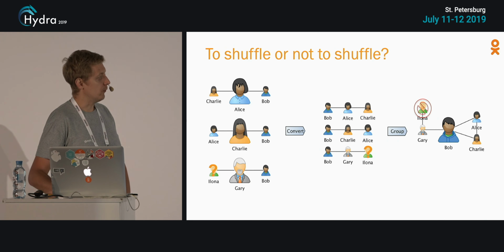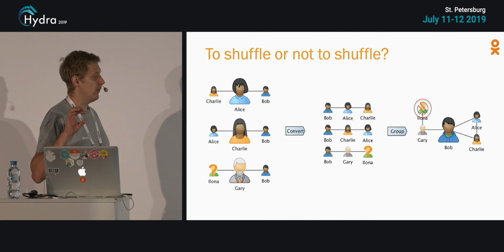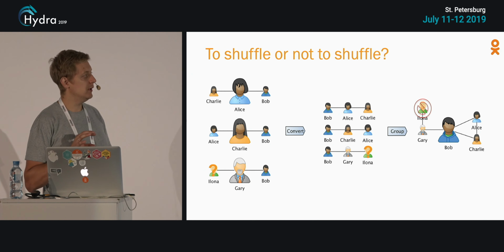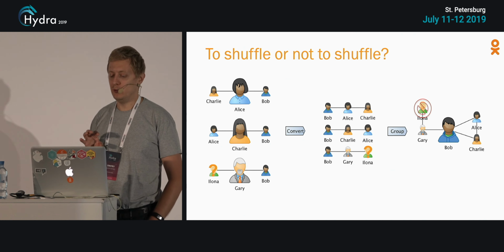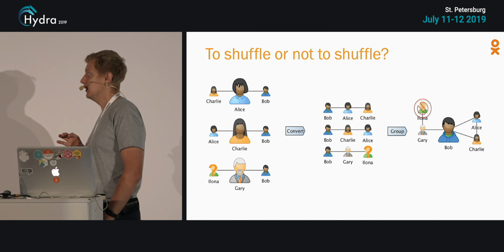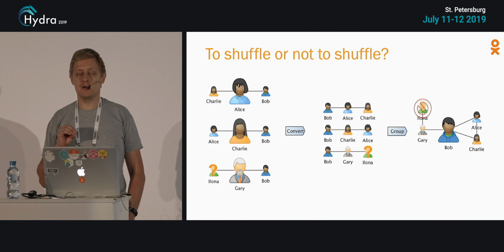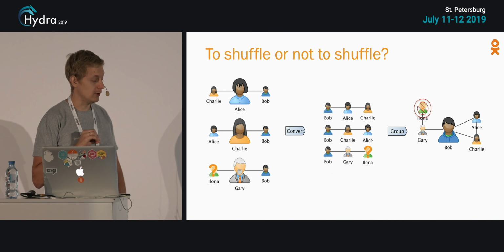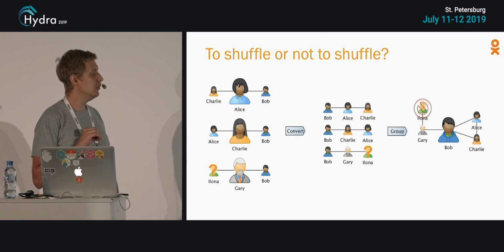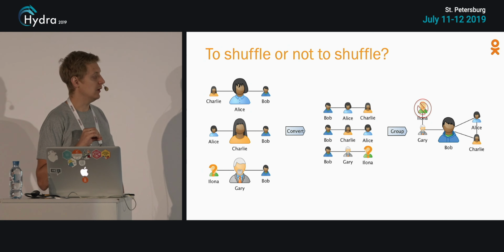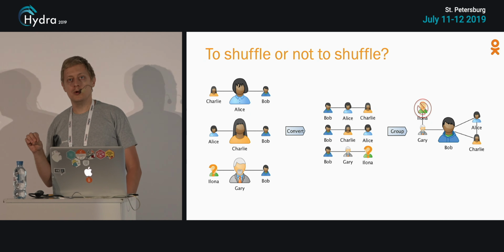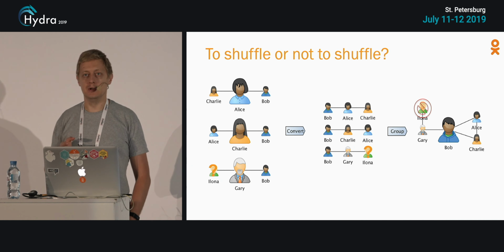What can we improve? So the main question here actually is how to avoid shuffling these external edges. If, looking at Gary's social subgraph, we knew that Ilona is not a friend of Bob, we could skip shuffling it.